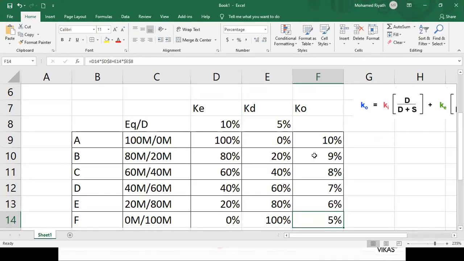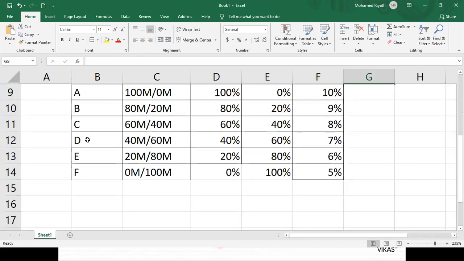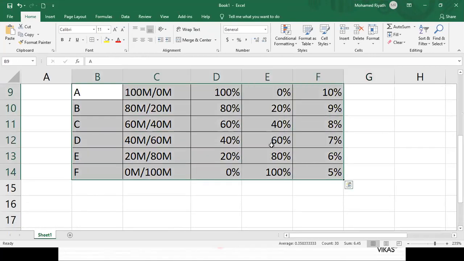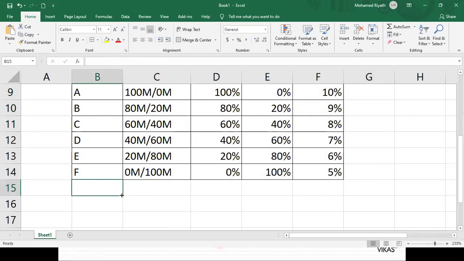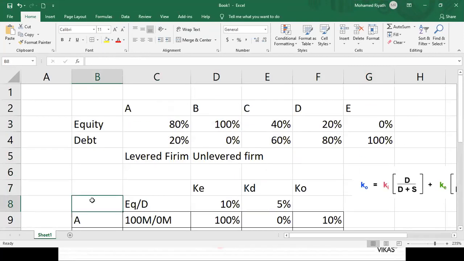Assume that these are all different companies, 5 different companies.